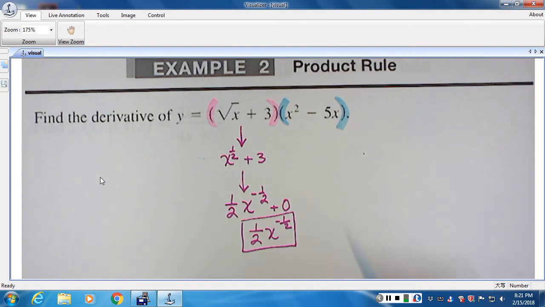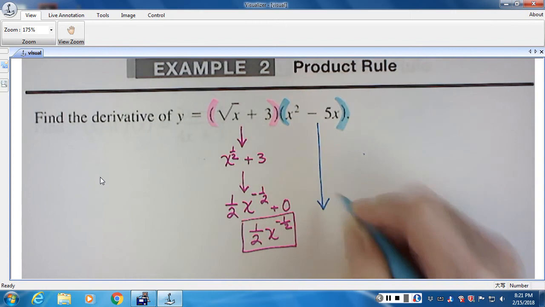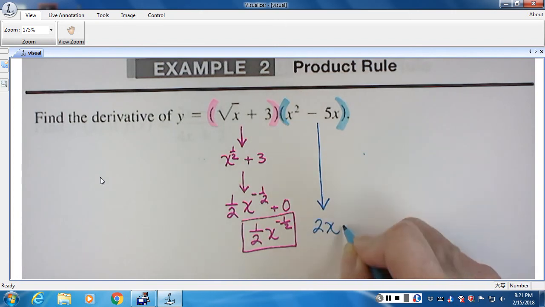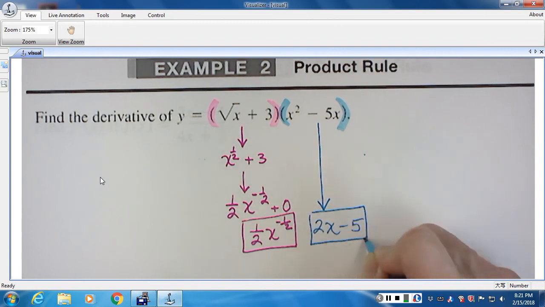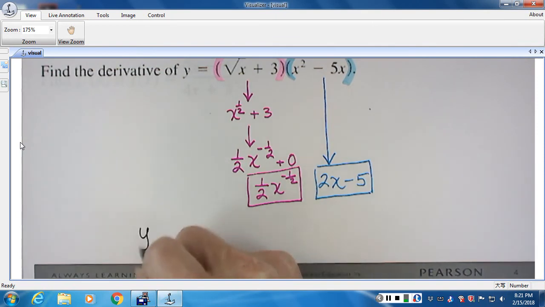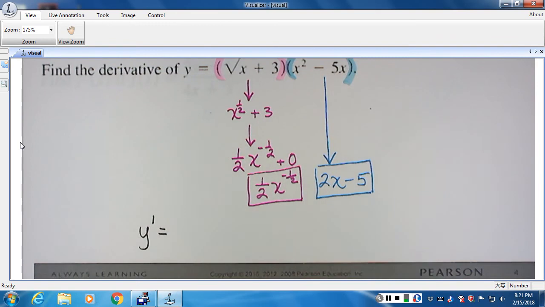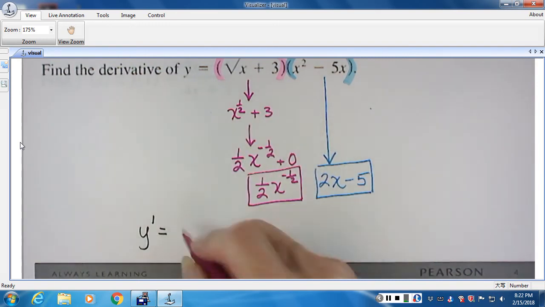My second factor is x squared minus 5x, and its derivative is far easier. Its derivative is 2x minus 5. So now I'm ready to take the derivative y prime. So I'll start out with my first factor. I just copy it down.